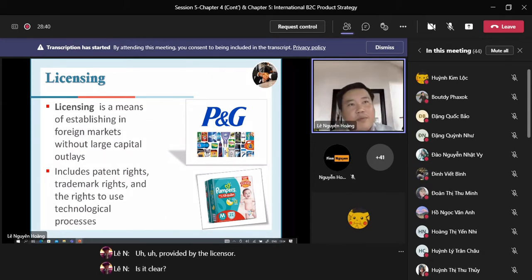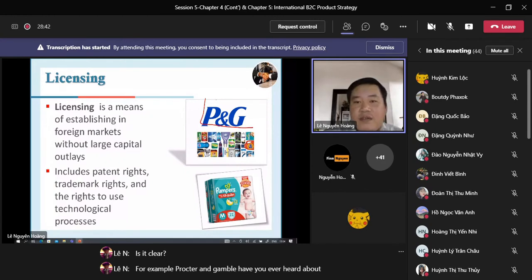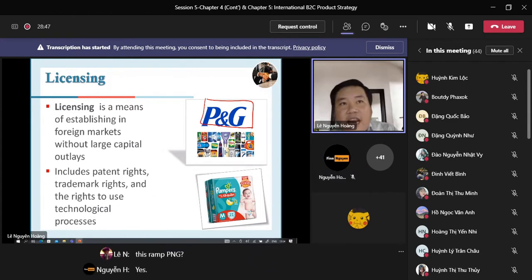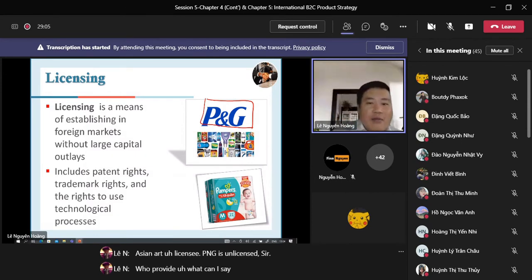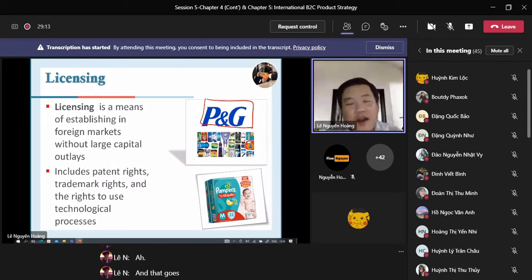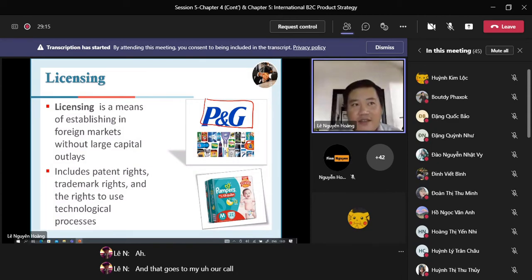For example, Procter and Gamble. Have you ever heard of this brand, P&G? P&G is not a licensee. P&G is a licensor who provides a license to its customer, and that customer is called the licensee.